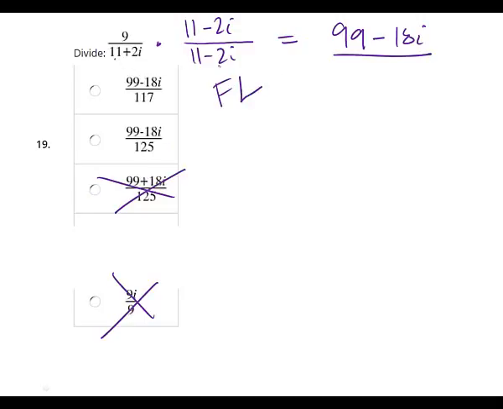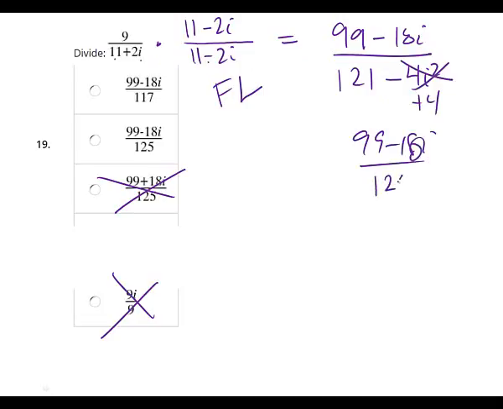So it's 11 times 11. 121. Good. 2i times negative 2i is negative what? 4i squared. Better known as 4. So 99 minus 18i over what? 121, 125. Okay. So that's it.